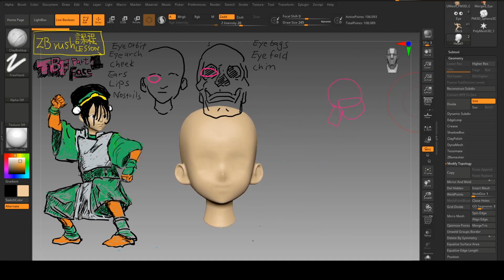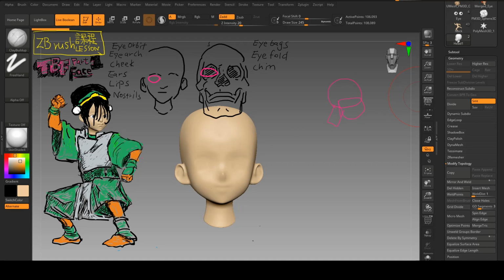So today we need to know about the eye orbit. Eye orbit is the eye hole, and the eye arc. Eye arc means these arc shapes.